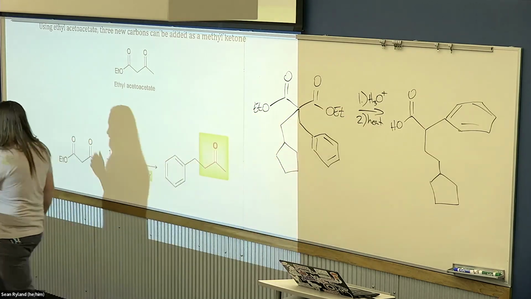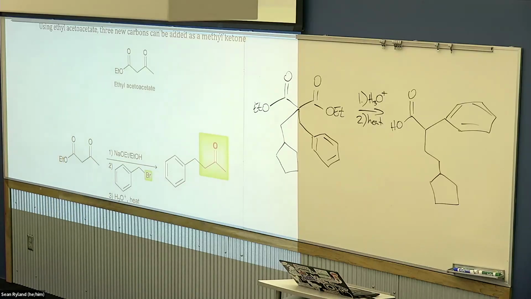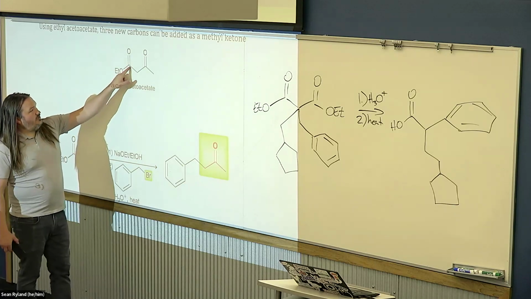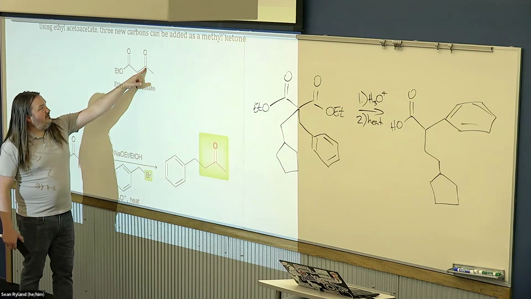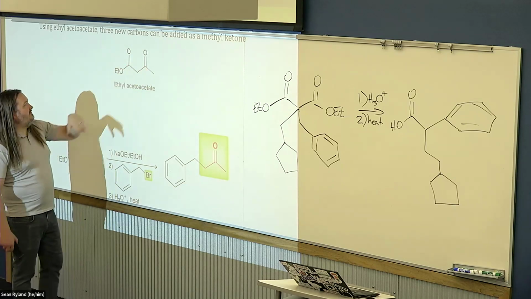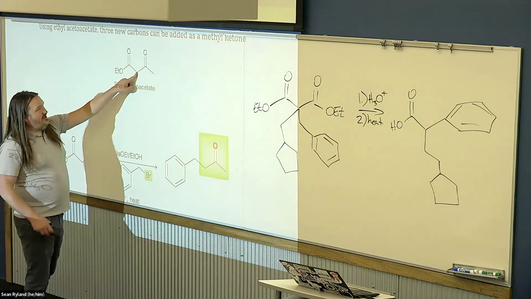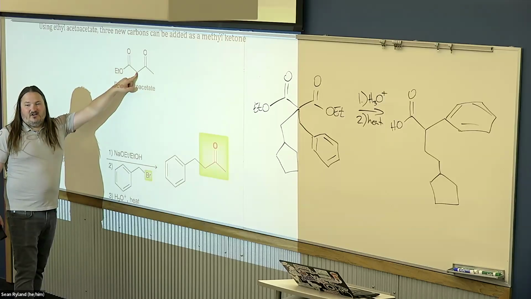Right, so if we wanted to add 3 carbons, there's a variation on this called the acetoacetic ester synthesis. Ethyl acetoacetate is just when you have a beta ketone relative to an ester. We can make this pretty easily because we can make it from a Claisen condensation.